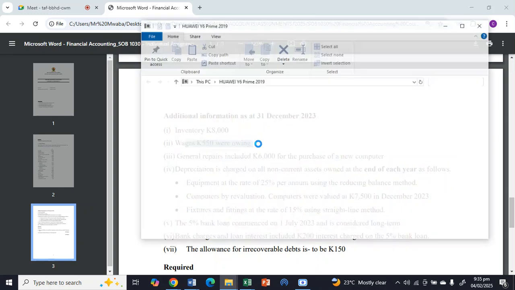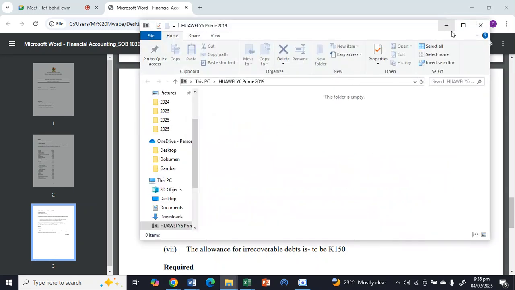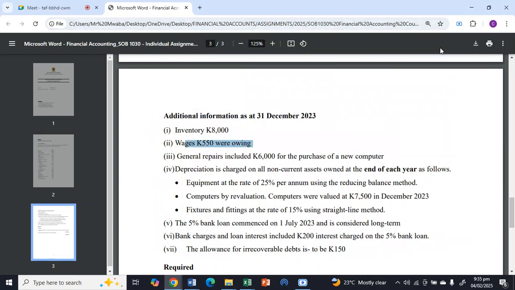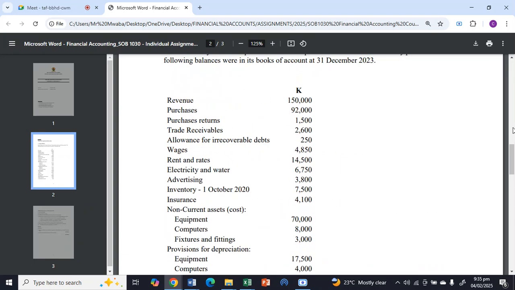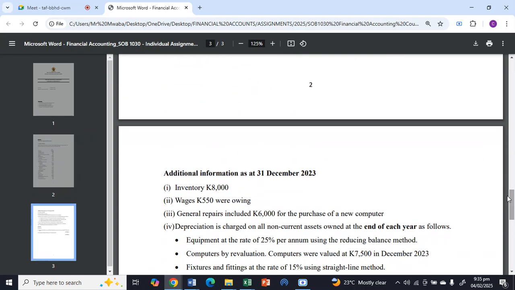What we're going to do is add it to this wages amount here, and this same 550 is going to be treated as a current liability.